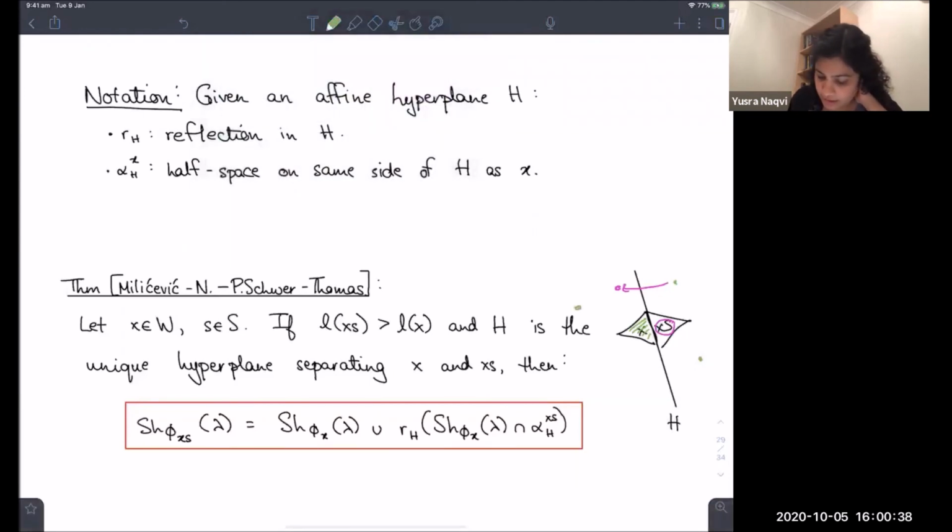So if this was further out over here, I would get new elements coming from just reflecting the elements that are further away from X back over. So I look at things on the side of the hyperplane that's closer to XS than to X, and I would reflect them over. So things that were in the old shadow, and this gives me my new point. So it allows me to build this up iteratively.